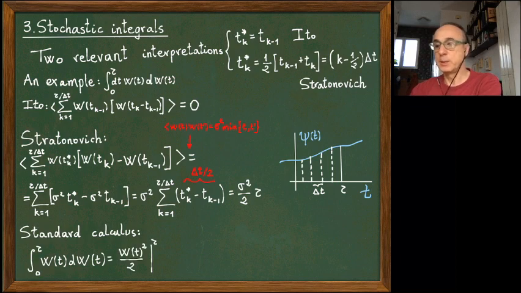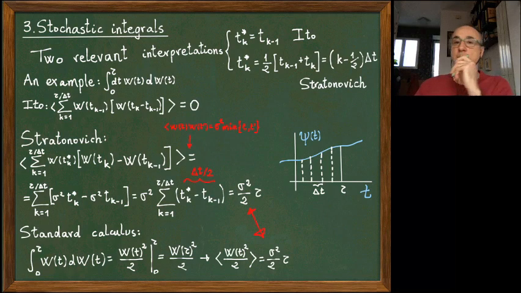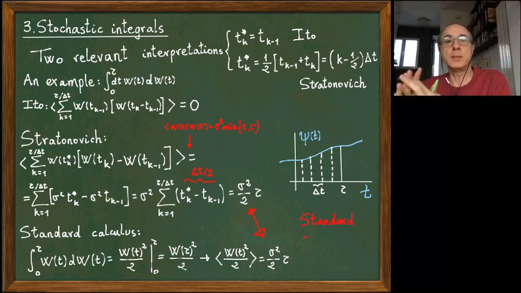So between t and 0, this gave us Wt squared divided by 2, and once we average this result, we get the same result as in the Stratonovich case. So what we found is that Stratonovich is compatible with the standard calculus, but the Ito interpretation, the Ito integral, is not compatible with the standard calculus.